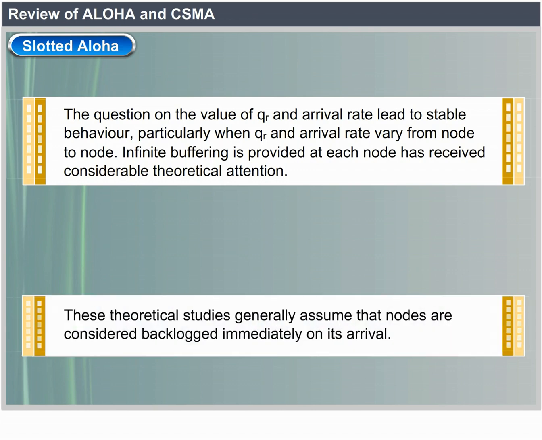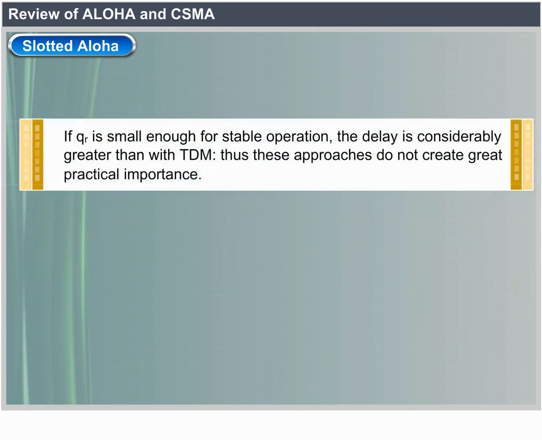These theoretical studies generally assume that nodes are considered backlogged immediately on arrival. If qr is small enough for stable operation, then the delay is considerably greater than that with TDM. Thus, these approaches are not of great practical importance.